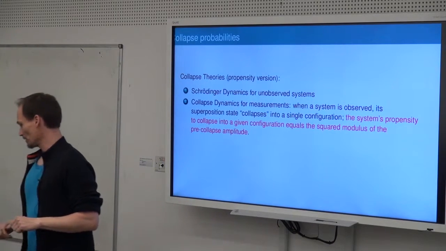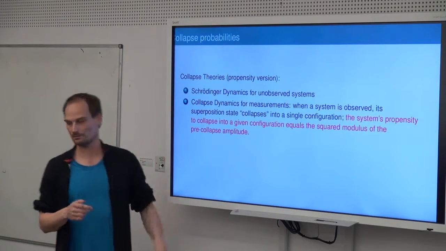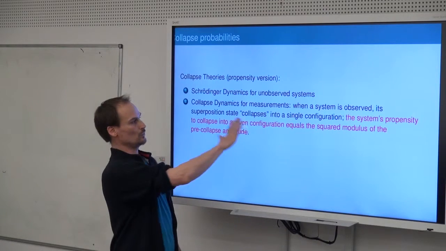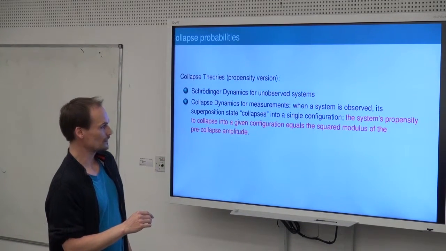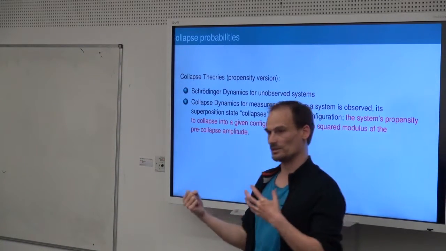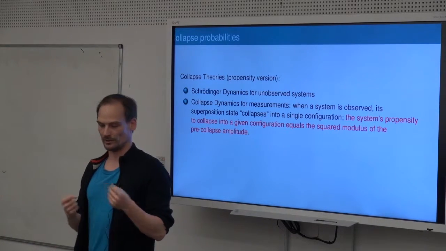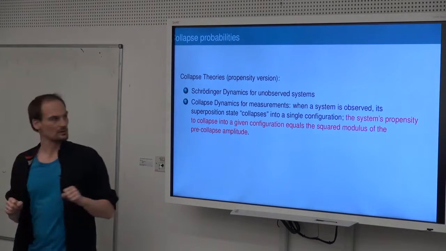So I'll quickly move on to the next version, propensity theory. So here, again, I've replaced, so we had Born's rule, talks about probabilities, and now we assume that physical systems have this fundamental propensity. They have this graded disposition to evolve in one way or another, and this fundamental propensity just has a certain value.